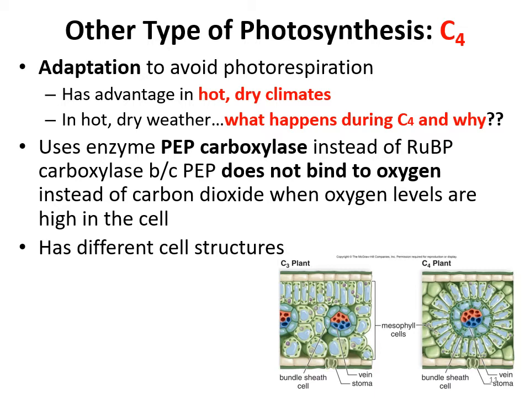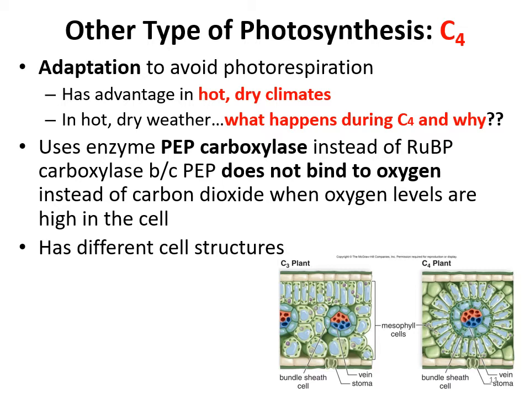Okay, so what this means is basically the advantage is that in C4 photosynthesis, there's no photorespiration, so the plant is not losing water, and the plants basically get to keep their pores shut for a longer period of time.